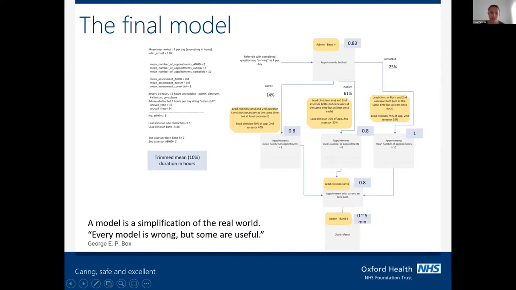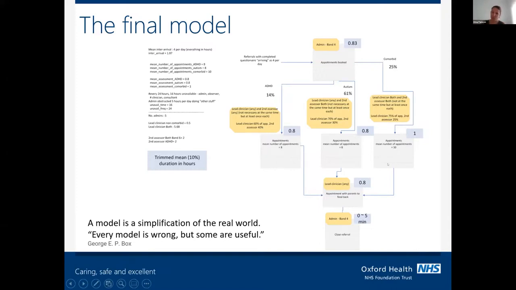For ADHD, out of the 8 appointments, 60% are delivered by the lead clinician and 40% by the second assessor. Sometimes they deliver them together, but most often in the data the split is 60-40. Similar with autism, it's 70-30, and with comorbid 75-25.